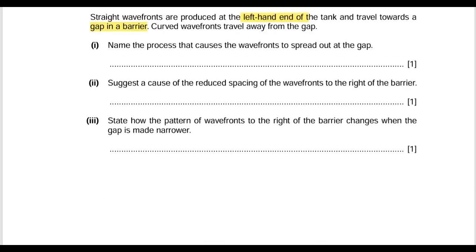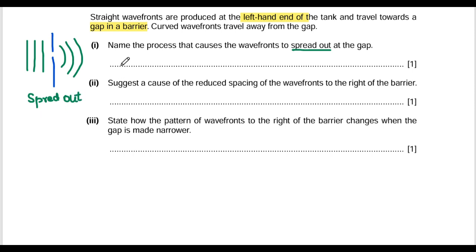Now, question 1 is saying name the process that caused the wavefronts to spread out in the gap. Whenever wavefronts approach a surface which has a gap, it will spread out our waves, and this process is known as diffraction. That is the spreading of waves around any obstacle.